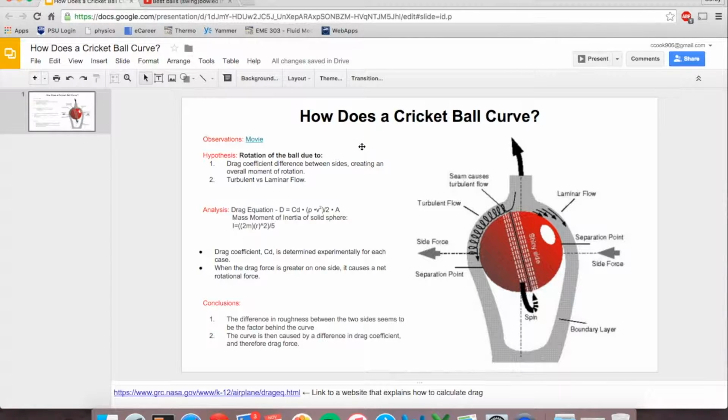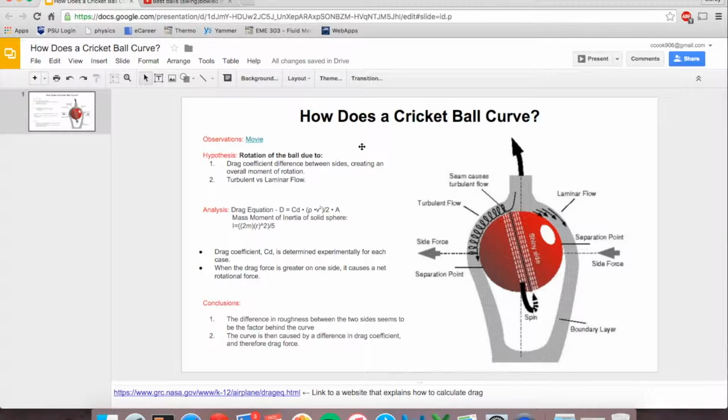If we go into our analysis now, we can talk about the drag equation, which we have pictured here: D equals CD times rho v squared over 2 times A. The most important constituent in this equation is CD, the drag coefficient.